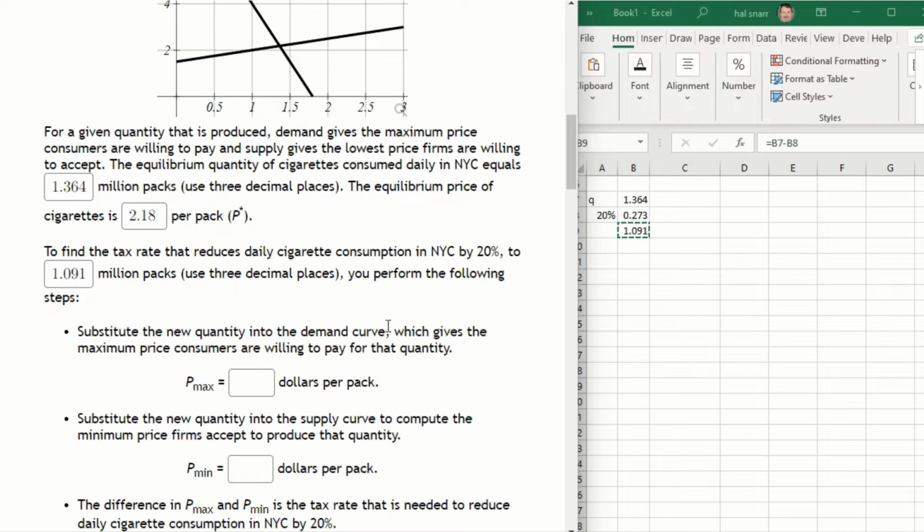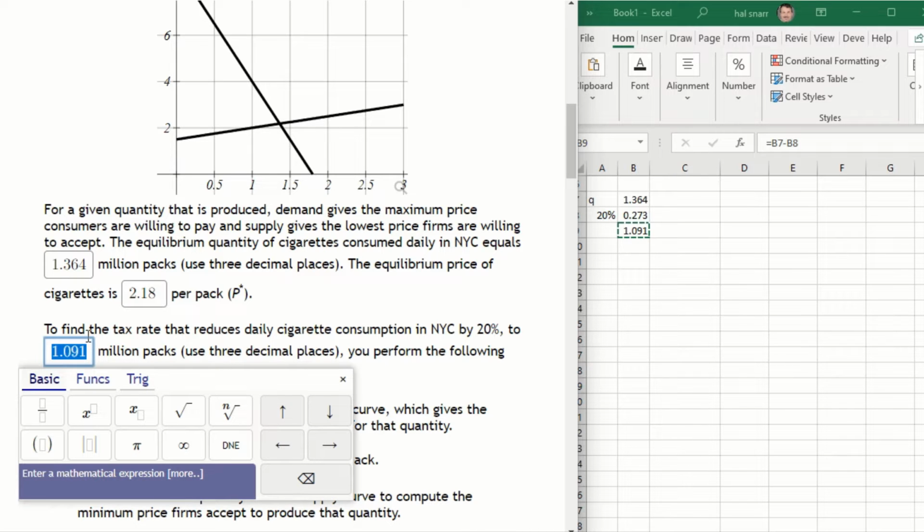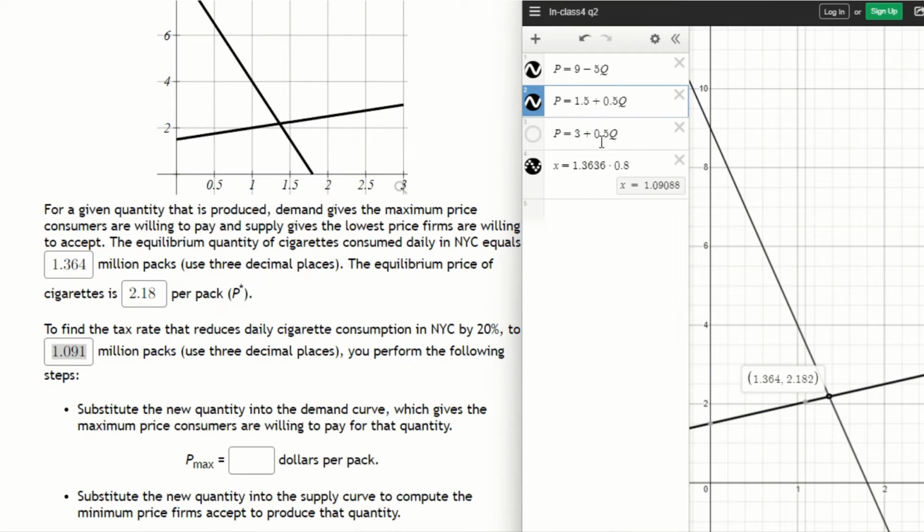Okay, so in order to find the per pack tax rate, what we need to do is use the demand curve to find out what consumers are willing to pay at this reduced level of consumption, right? So we need to plug this value into our demand curve. And we can do that over here.